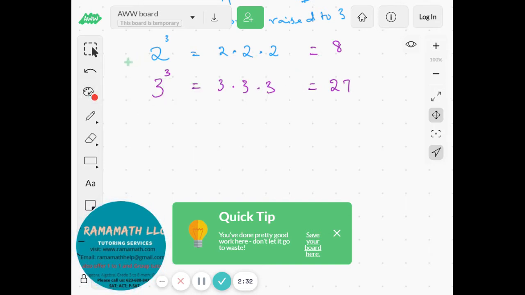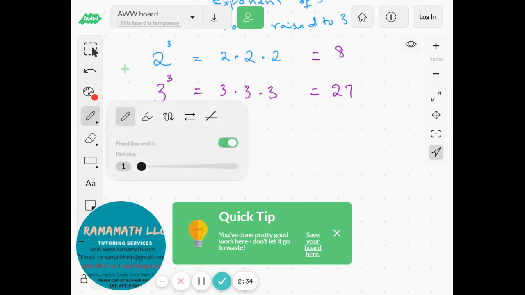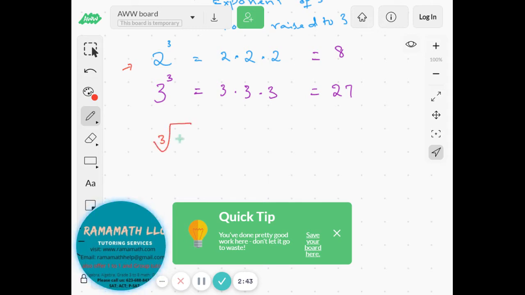If I take this 8, or the 2 cubed is 8, when I write that in inverse, I'm going to write it this way: cube root of 8. You see this little 3 inside this little sign, the radical sign, that tells me cube root. So that is going to be 2, like going backwards. If I take this 8, the cube root is 2.